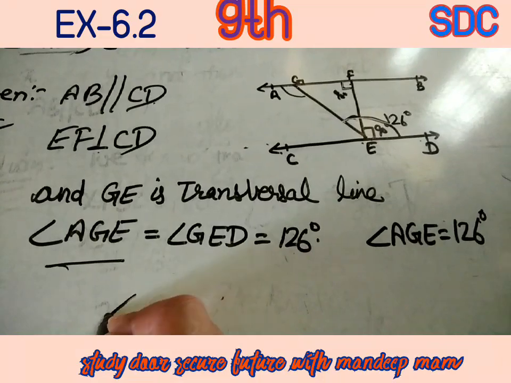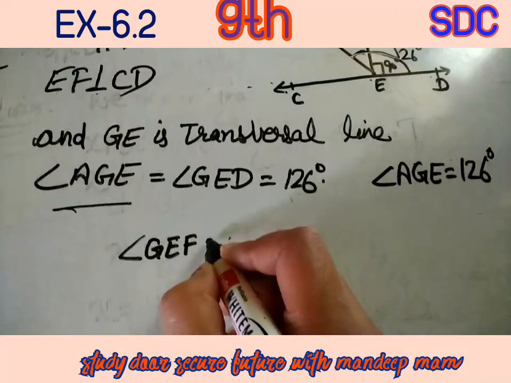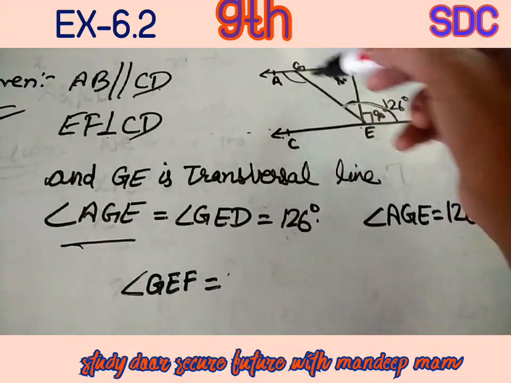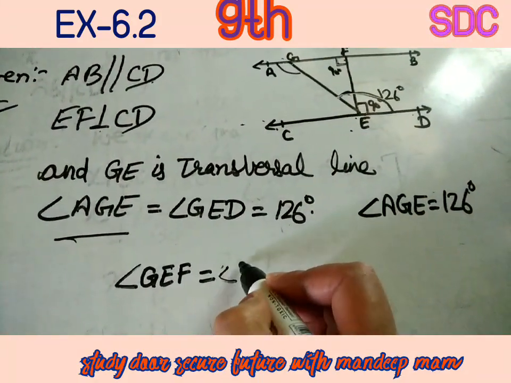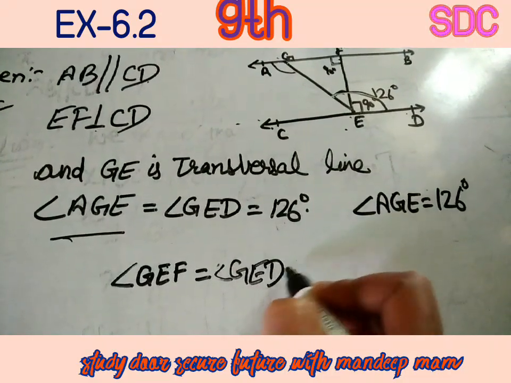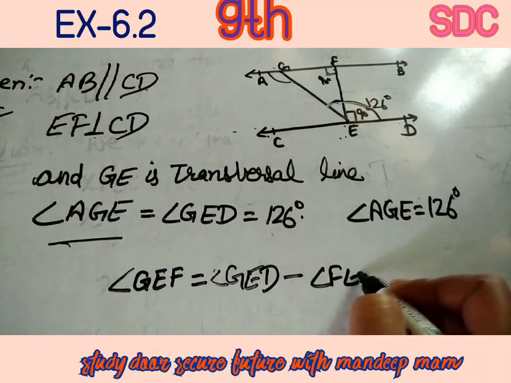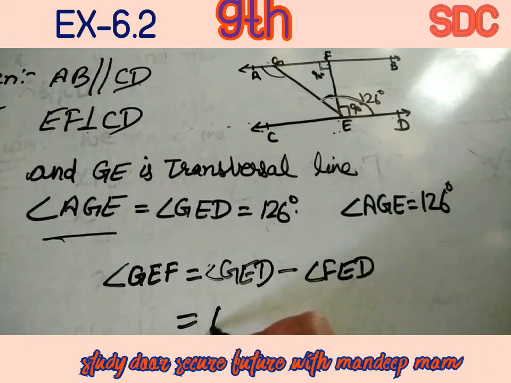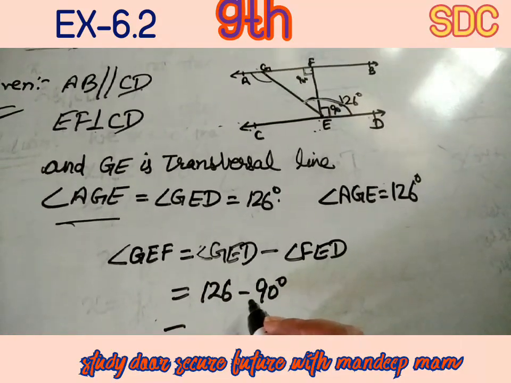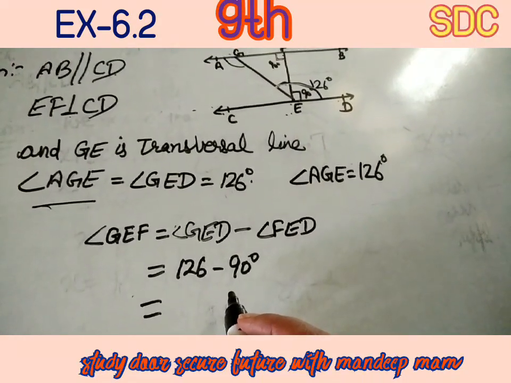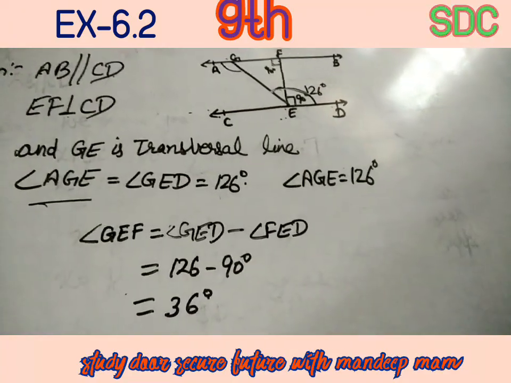So we can write angle GEF is equal to angle GED, the full angle, minus FED, that is 126 minus 90, and we got 36 degrees.